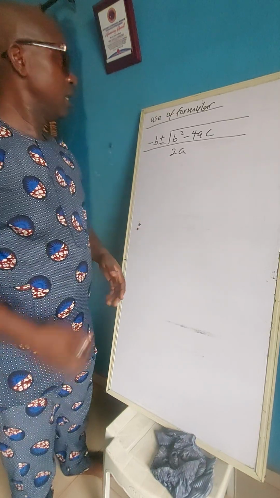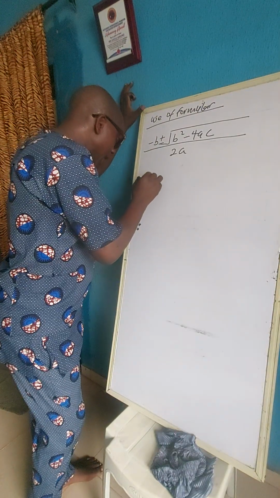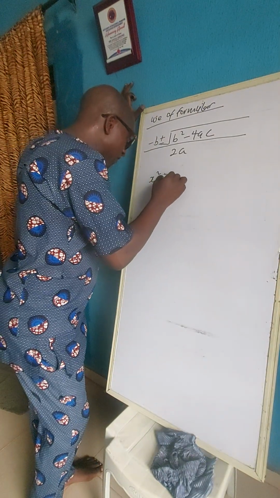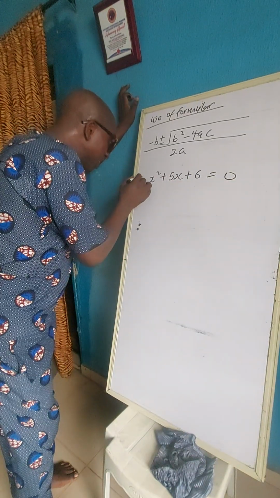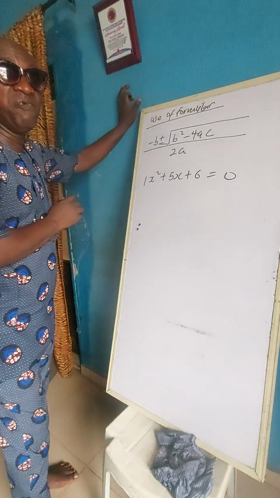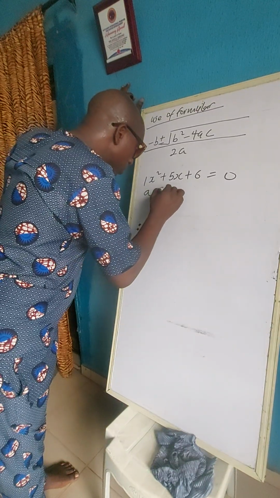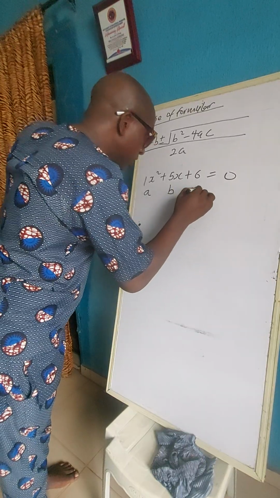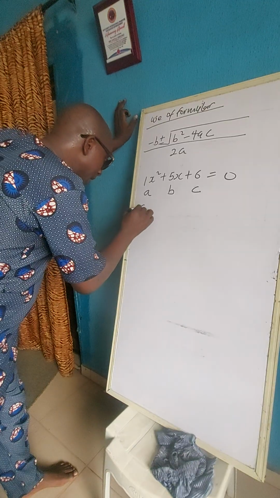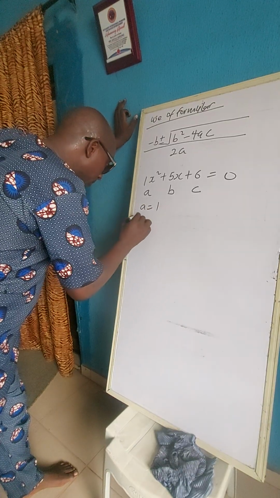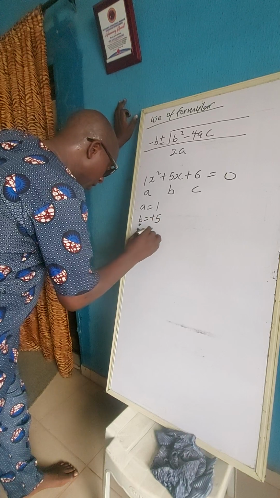You'll get it. The last question that we solved, let's use it: x squared plus 5x plus 6 equal to 0. Let's identify. The coefficient here should be 1 because it is invisible. That means this one will be a, this one will be b, this one will be c. Then you can just slot it into the formula. It means my a equal to 1, my b equal to plus 5, and my c equal to plus 6.